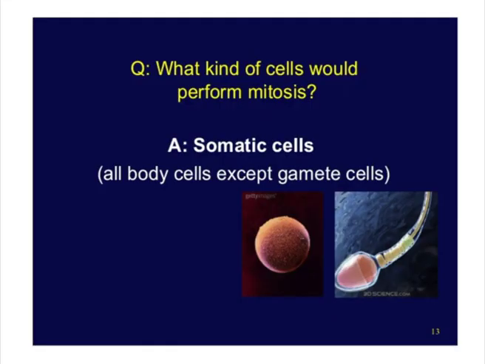All body cells except gamete cells, that is male and female gametes, whether in animals or plants. Except for the gamete cells, all somatic cells undergo mitosis. This is the mitosis process.